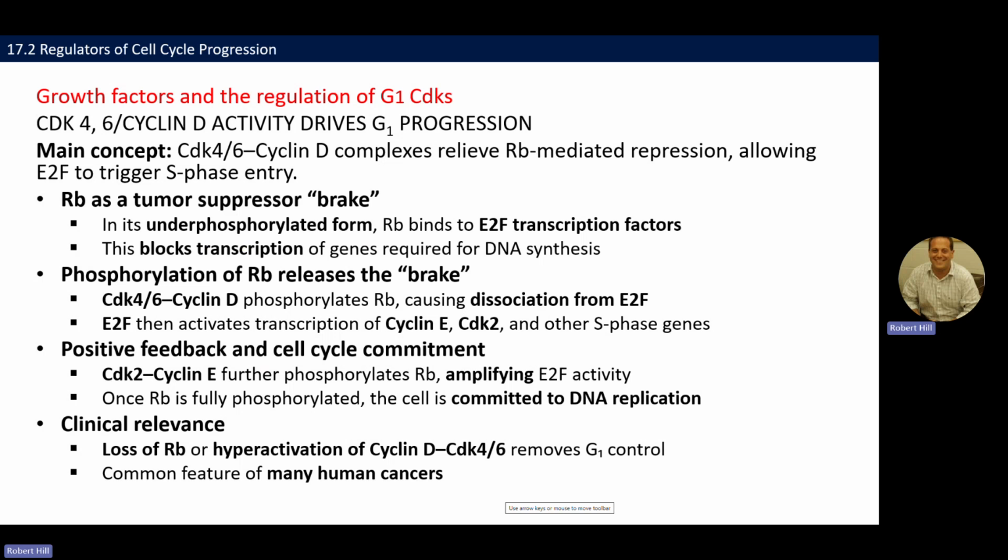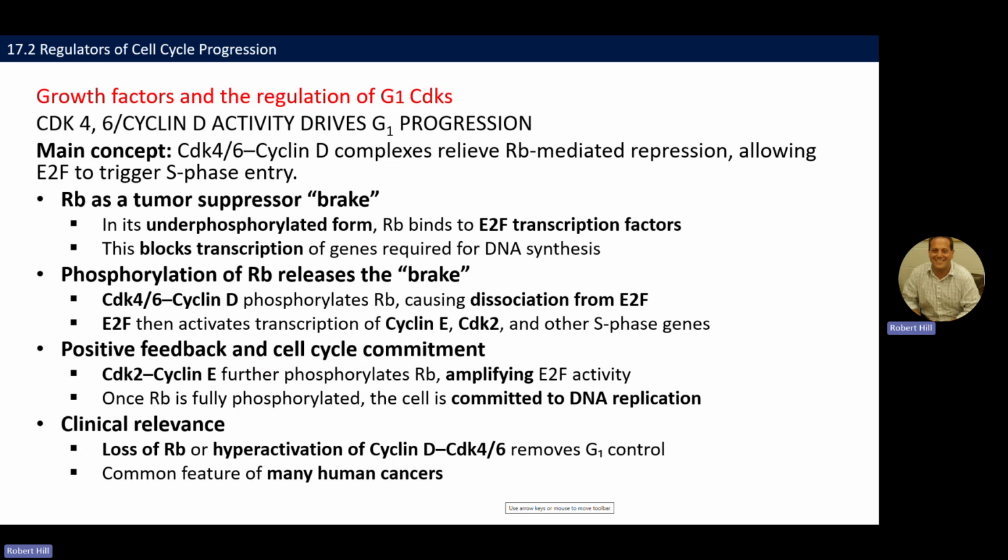As CDK4 and 6 and cyclin D complexes become active, they will phosphorylate RB. That causes it to come off of E2F. When E2F is free as a transcription factor, it will stimulate transcription of cyclin E, CDK2, and genes involved in DNA synthesis.